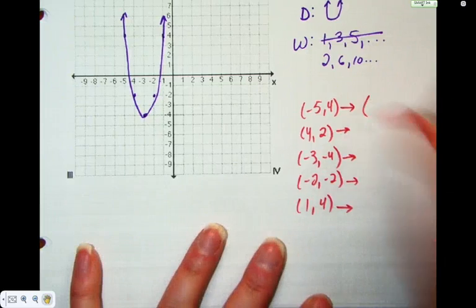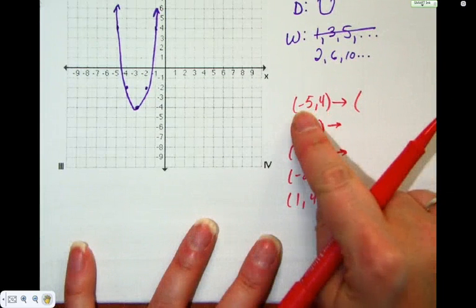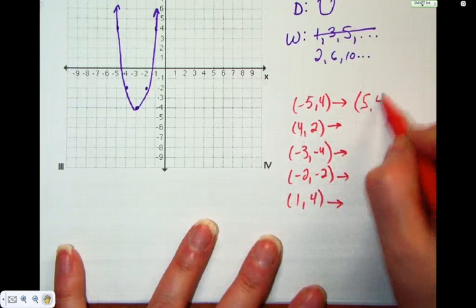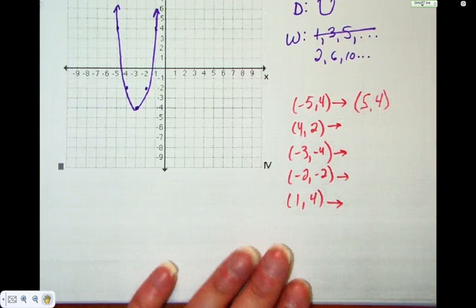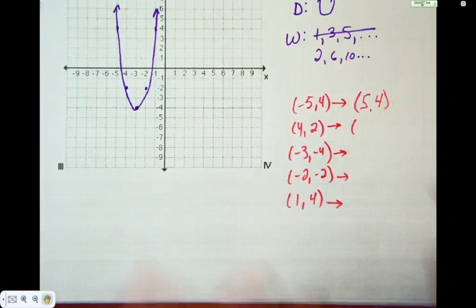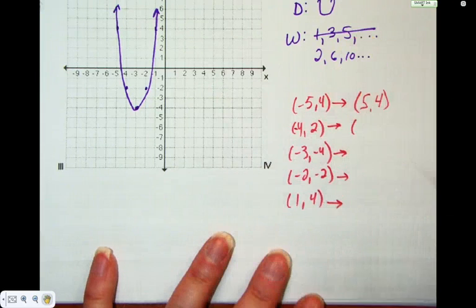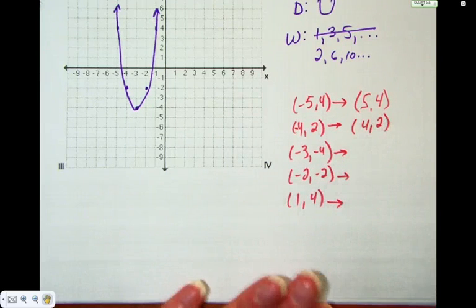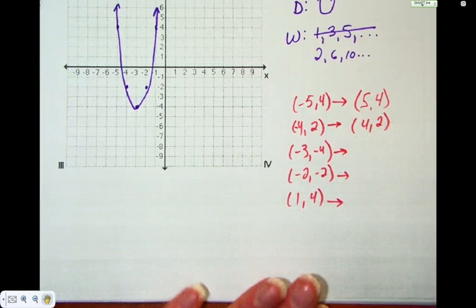So the mapping says that (-5, 4) goes to (5, 4). Okay, change the x, didn't touch the y. (-4, -2) goes to (4, -2). Nope, didn't change the y. Don't touch. Was it at negative 2?